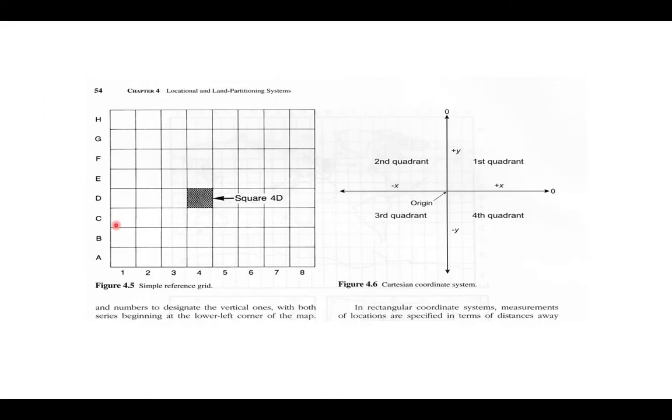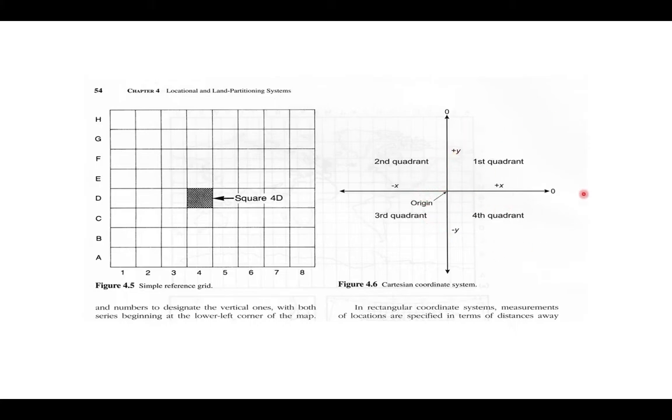All right, now from this system of these different lines, we have these squares that are built off of it. One thing I'll point out is that the grid we're talking about is like this simple reference grid from this book graphic right here, as opposed to this Cartesian system.